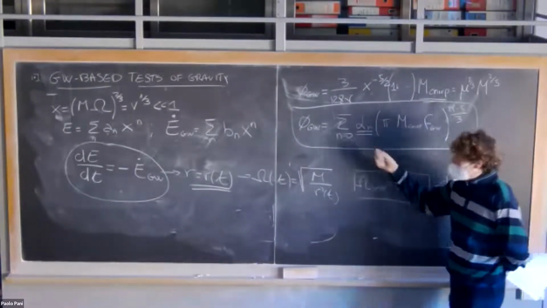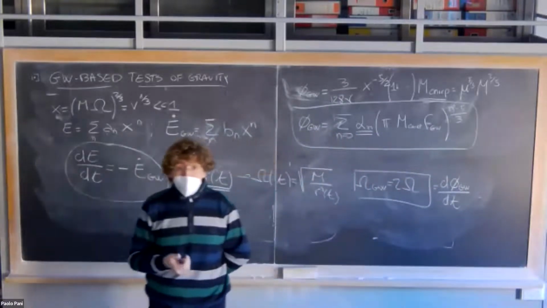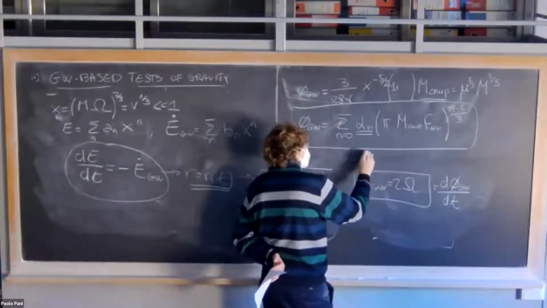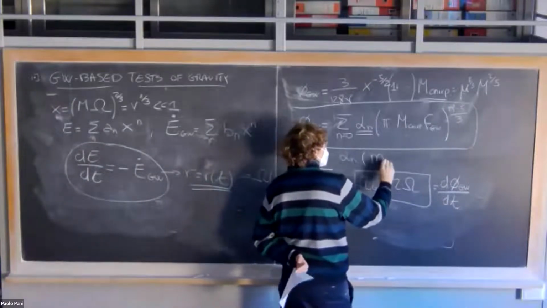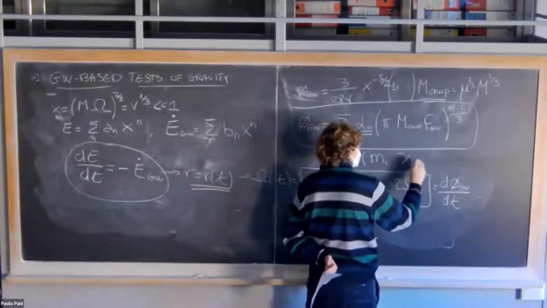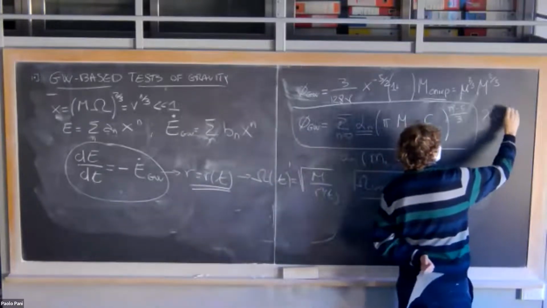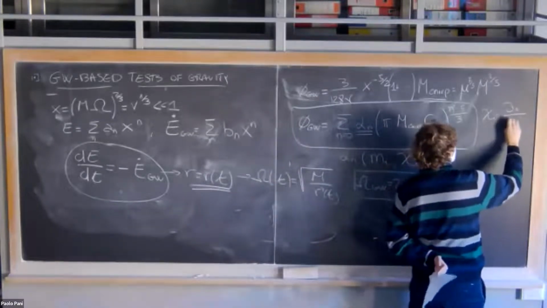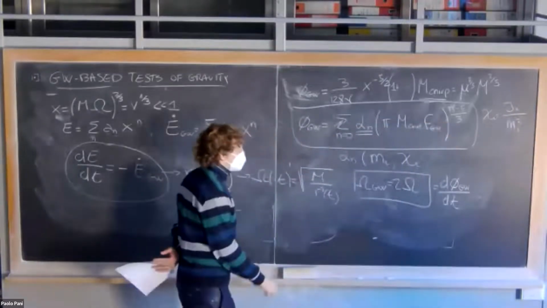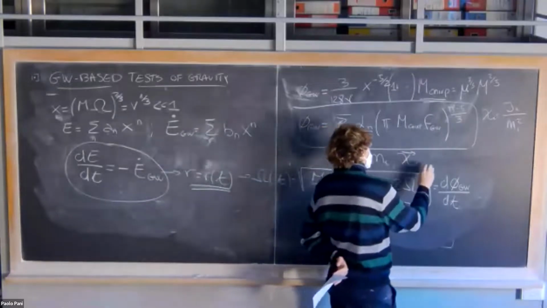So they will depend on parameters like the intrinsic parameters of the binaries, the masses. So let me write: alpha n would depend on the two masses, m_i, 1 and 2, and the two spins, chi_i, where I will define chi_i as J_i divided by m_i squared, so these are dimensionless quantities, and these are vectors, in fact.